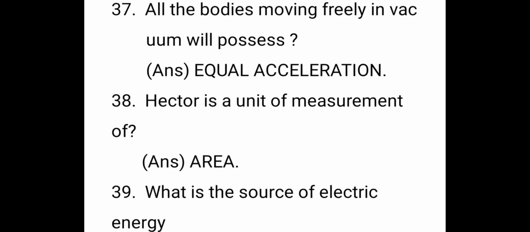Therefore F equals GMm by r square, and F equals ma. For a freely falling body with no external force, F equals mg, which is the weight of the body. So W equals m into g.